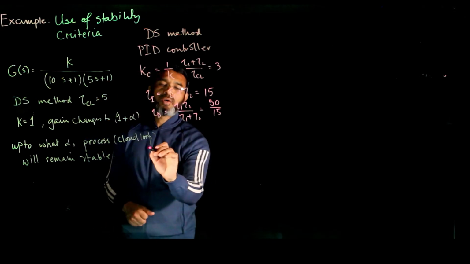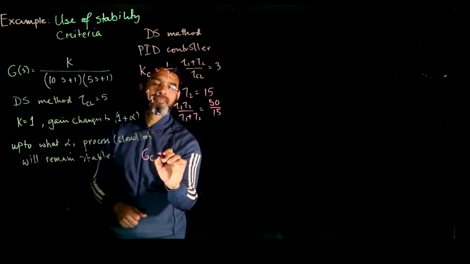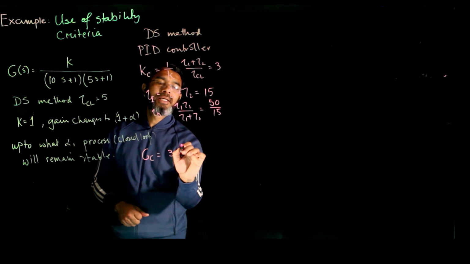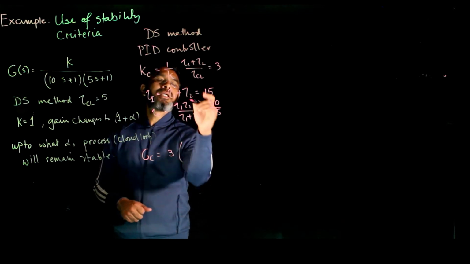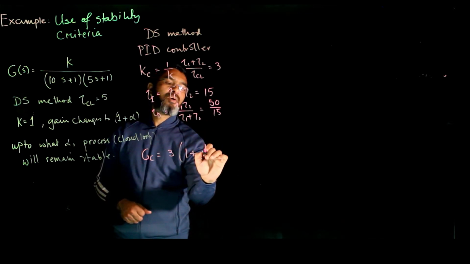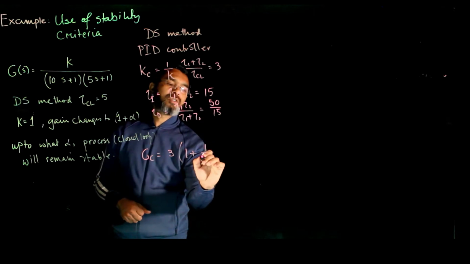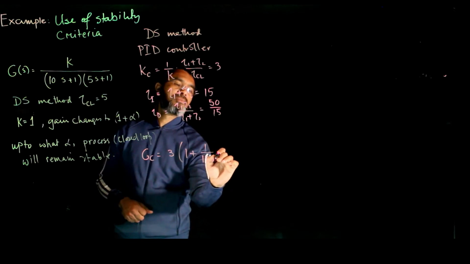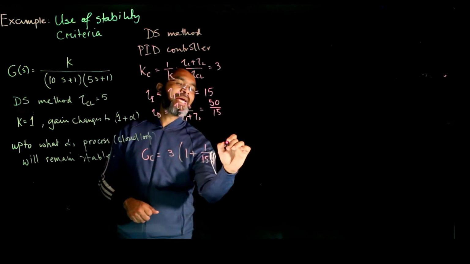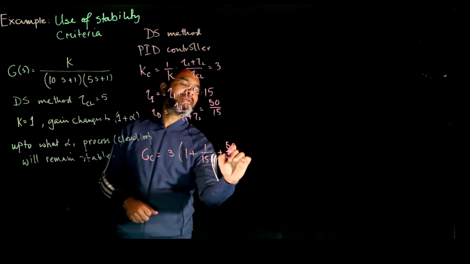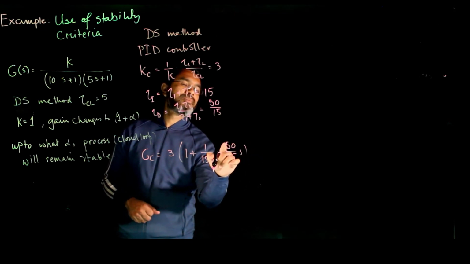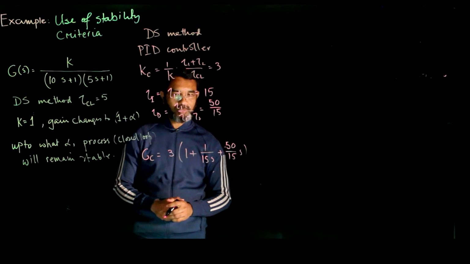So you get the controller to be 3 times 1 plus 1 over 15s plus 50 over 15s s. Okay, that's the controller.